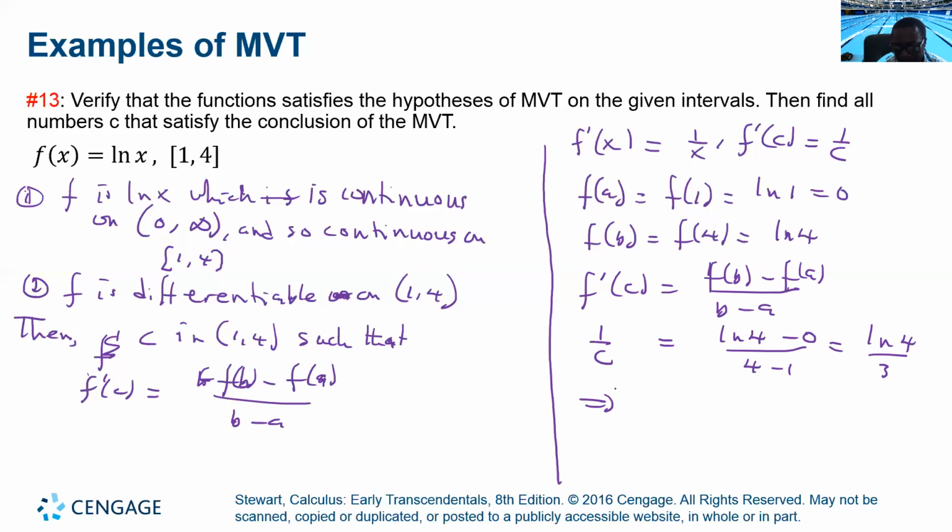So if you flip that, c will be 3 over natural log of 4. This is the c value such that the conclusion of the mean value theorem is satisfied.